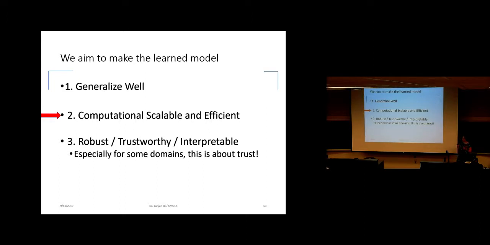In general, we want a model that generalizes well and predicts well on future data. That's the fundamental goal, and we emphasize it many, many times. But there are some other goals: we want it to be computationally feasible, scalable, and efficient. This is the computational angle.